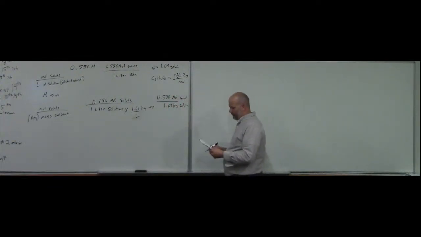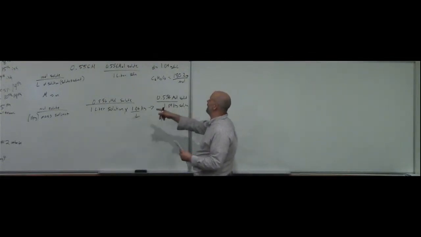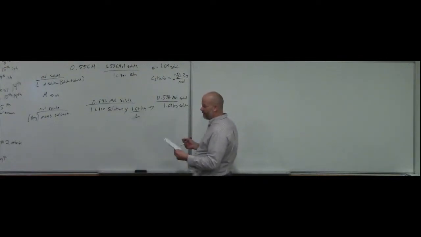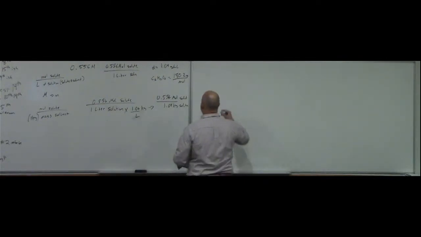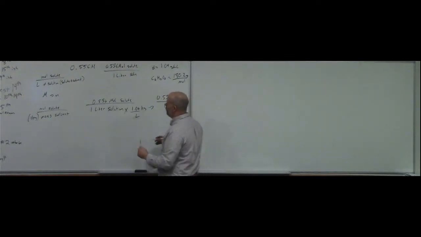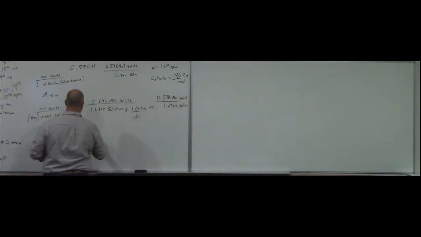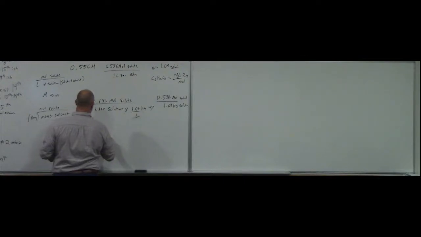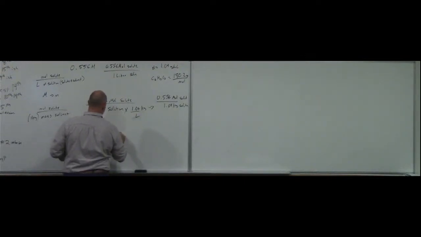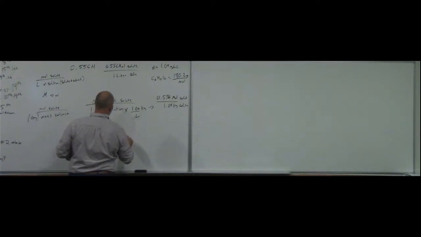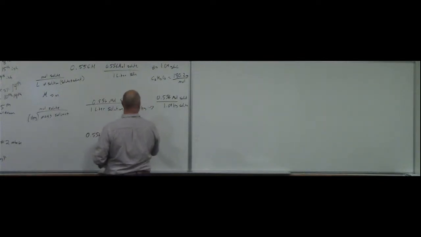Now, I'm going to need to take out the mass of my solute from my solution to figure out the mass of my solvent, right? So, I need 0.556 moles of C6H12O6 times the molar mass, which is, I'm going to go ahead and put this into kilograms right now, 0.1802 kilograms per mole, right?